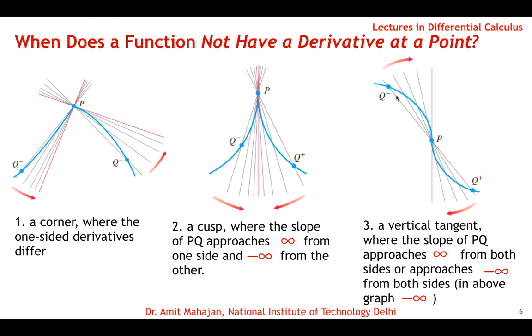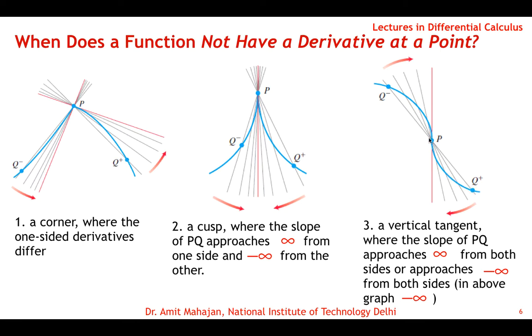The slope of this secant is negative, so as q negative moves toward p, it becomes vertical, so the negative slope becomes minus infinity. Similarly, if I take this point q plus for the right-side derivative, the secant line p q plus again has a negative slope.